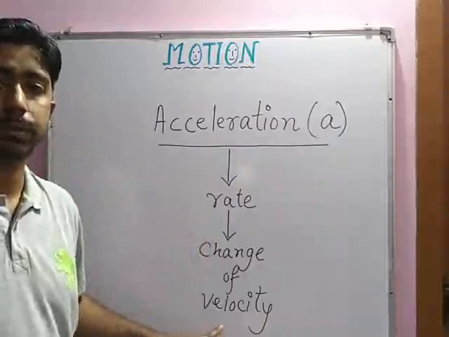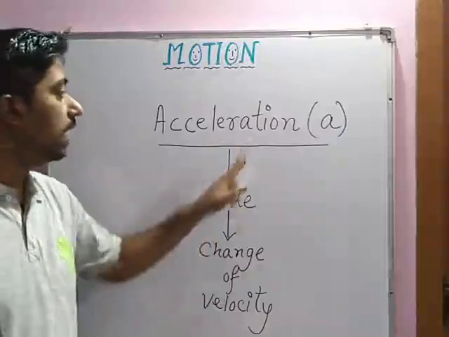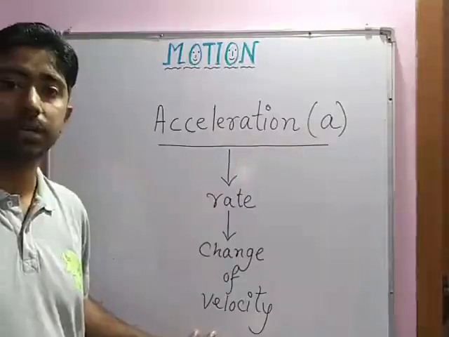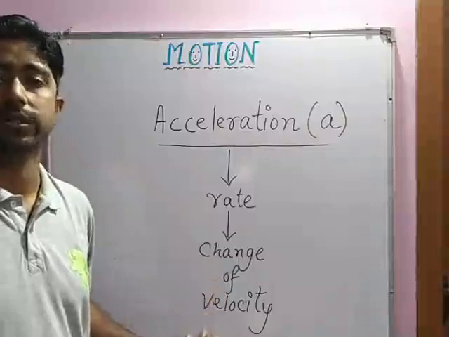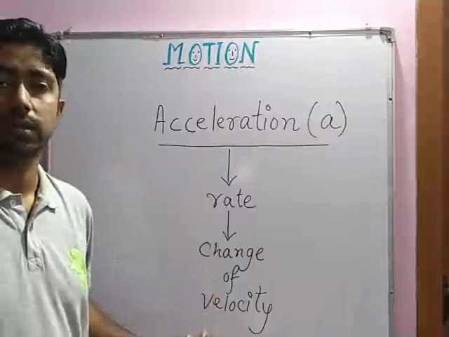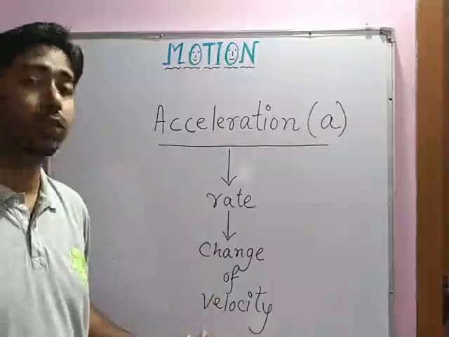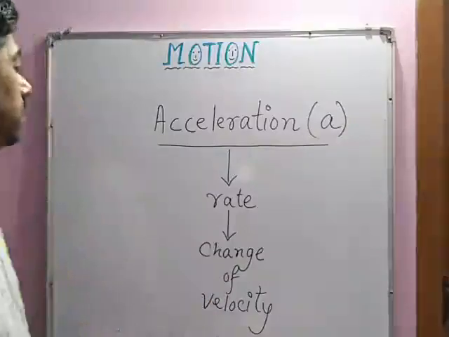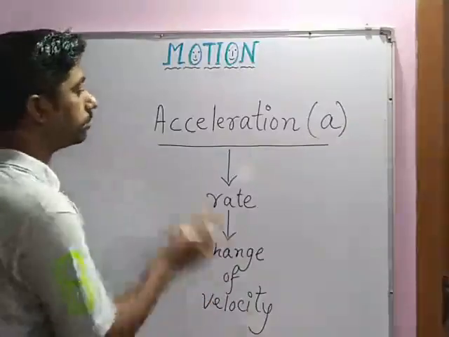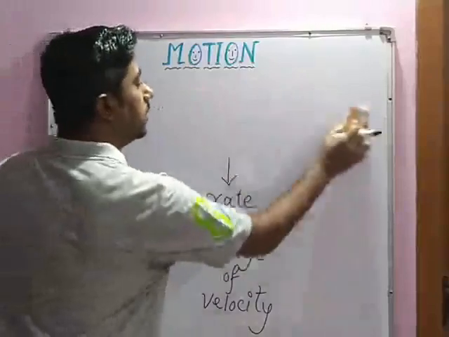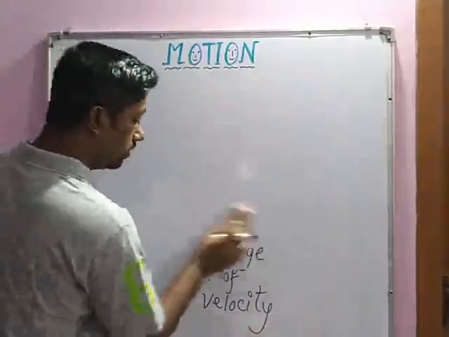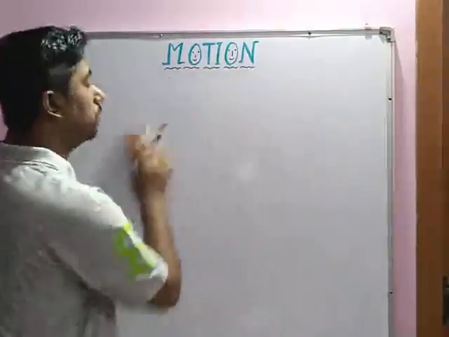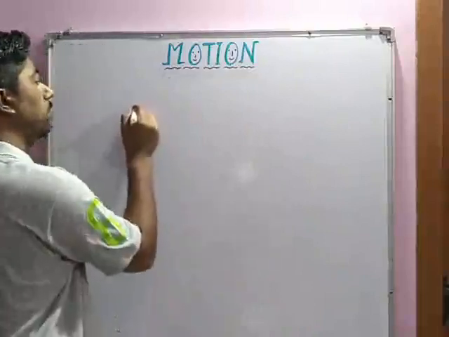So it becomes pretty obvious that acceleration will come into the picture only when there is a change of velocity. In other words, in uniform motion, since there is no change in velocity, acceleration will be 0. This is an important point.